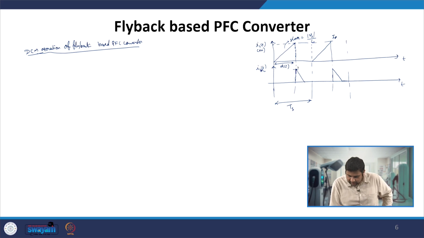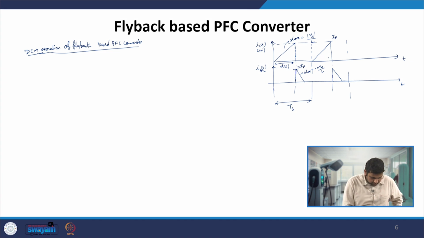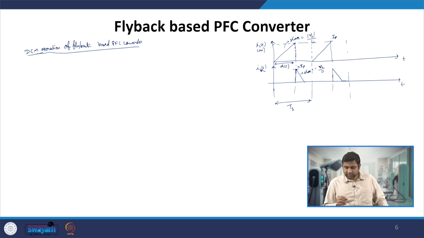So here it is N times I peak, because this is referred to the secondary side, and the slope will be falling, where the slope is nothing but equal to minus N V naught by L, or you can say minus V naught by L, and this peak is nothing but N IP.